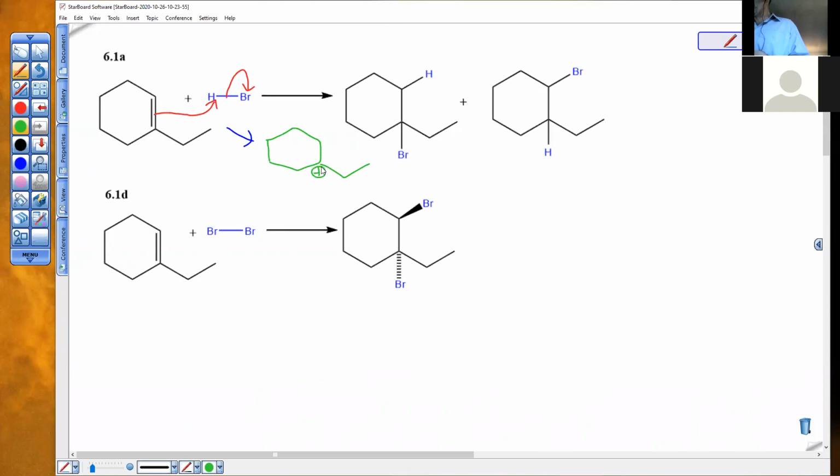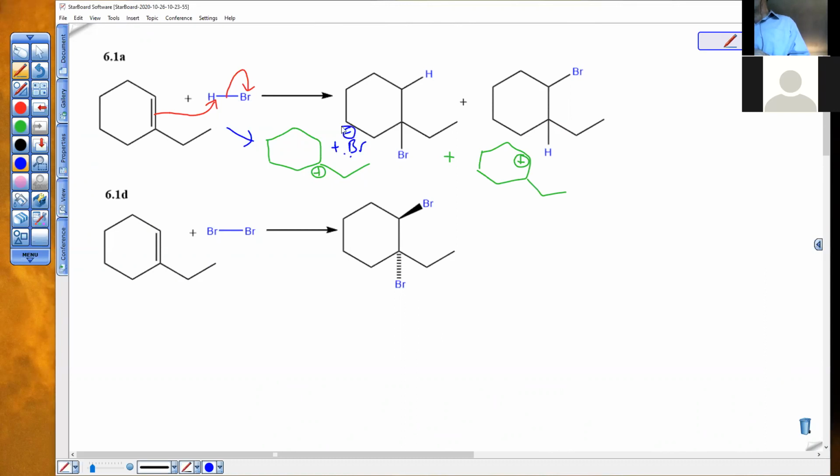Very slow because carbocations don't have full octets. Second carbocation even slower because it has less substitution. First is at least tertiary.